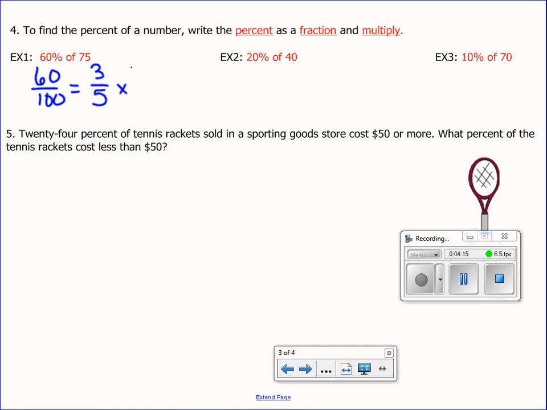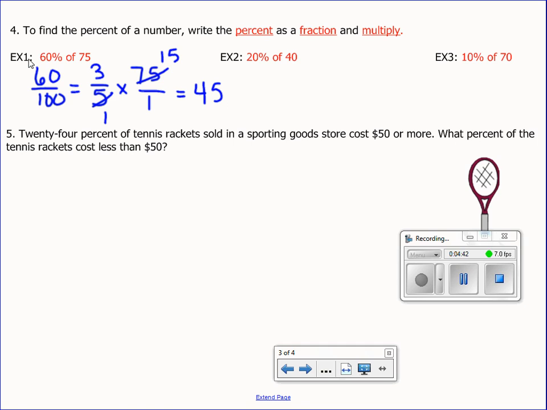Then I'm going to multiply that times 75, because 60% is 3/5 of 75. And before I multiply, I can simplify. 3 times 15 is 45. So 60% of 75 is 45.